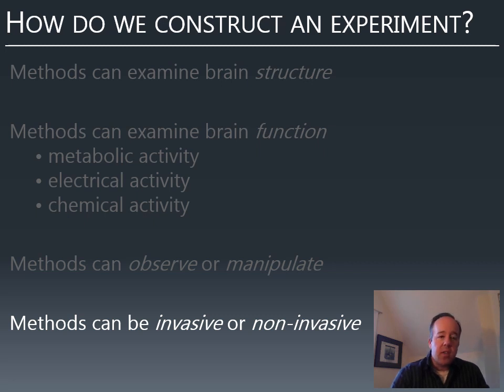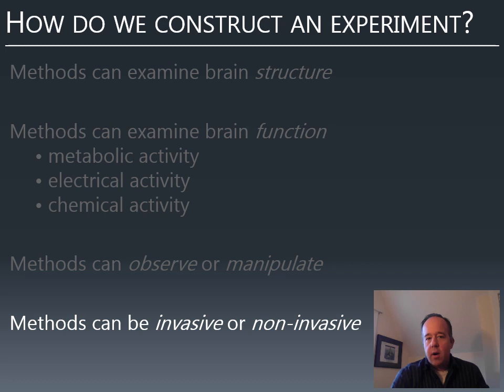So these are all techniques that require whoever's using the technique to break the body envelope, to break the skin, to open up the skull perhaps. And that's in contrast to non-invasive techniques. Certain imaging techniques especially, the person doesn't have anything implanted in the body, nothing breaks the skin, and so those techniques are called non-invasive.